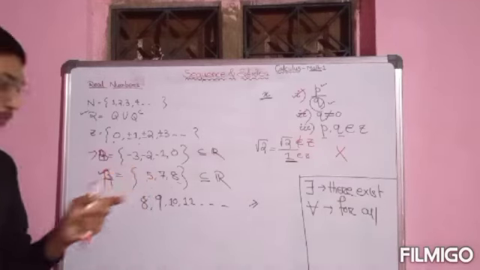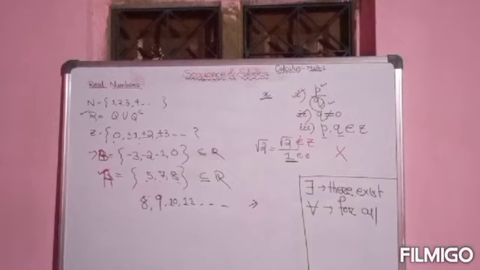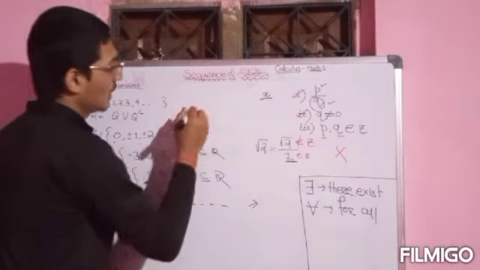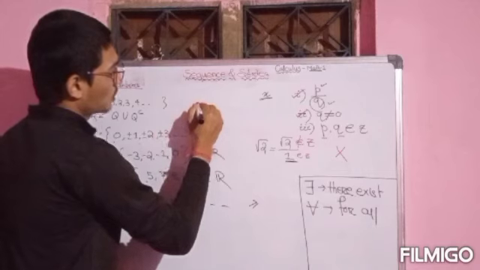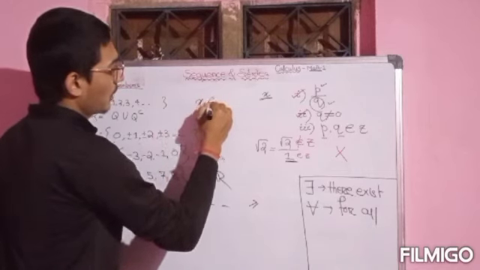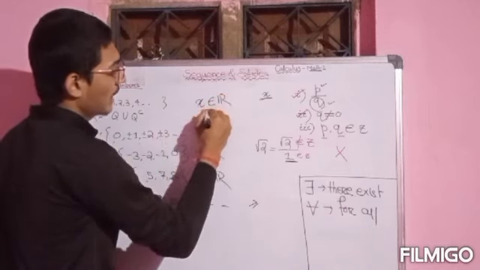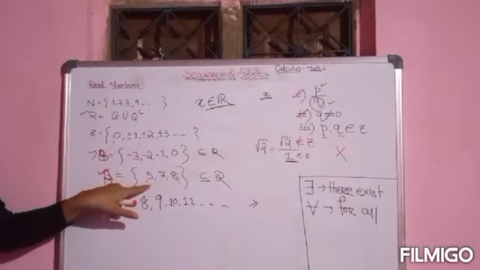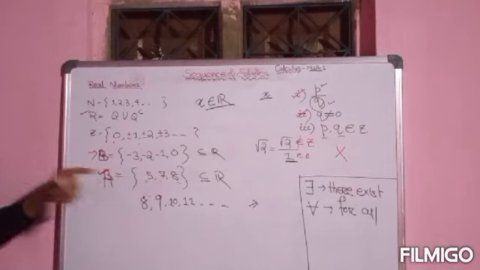Is it clear? Similarly, if I ask you, is there any number you can find in the set of R, suppose this number is X, which is less than or equal to these elements of this set? Yes.